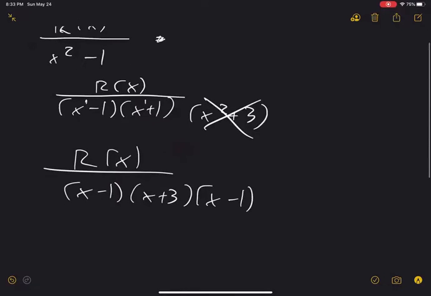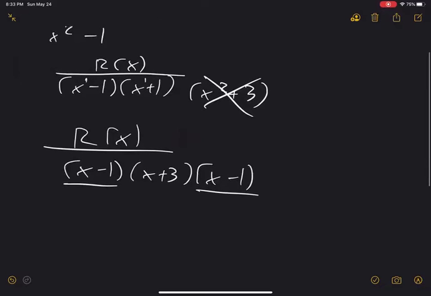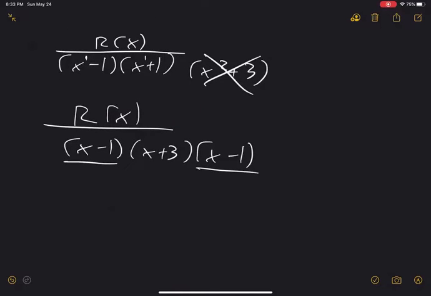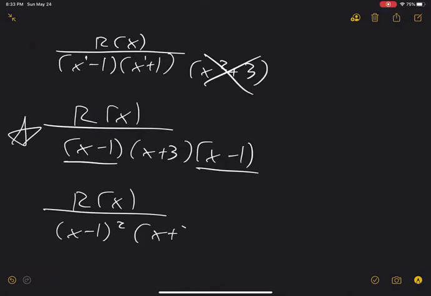Notice how I have x minus 1 twice. I don't want that. Another way to write this is the same as this, so I don't want any powers of my factors. I don't want either of these cases.